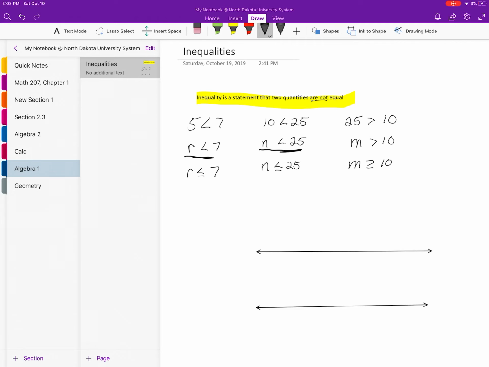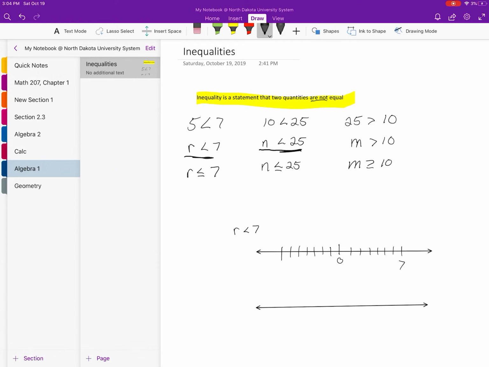Let's talk about how we graph these things, and then we're going to talk a little bit about how to write some. So let's say we have r is less than 7. Let's graph that. Here's 0. Let's say 1, 2, 3, 4, 5, 6, 7. R is less than 7. Here's 7. Well, 7 is not included in the solution set.